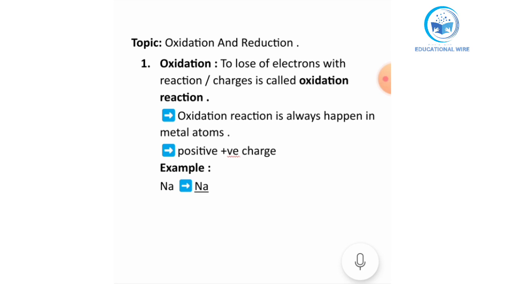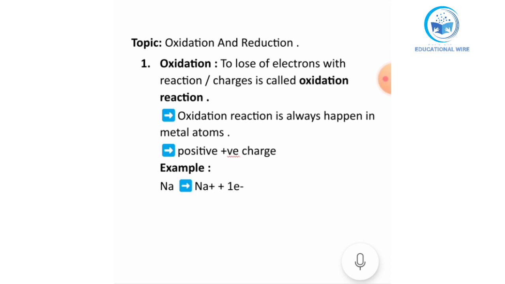Na becomes Na plus and loses 1 electron, so it's Na plus plus 1 electron minus.